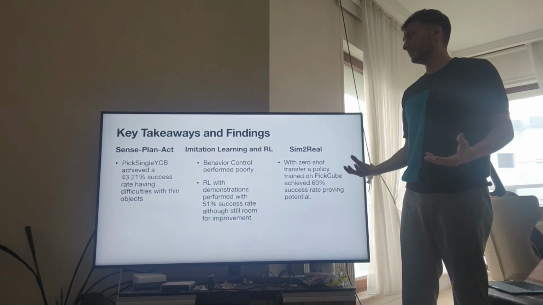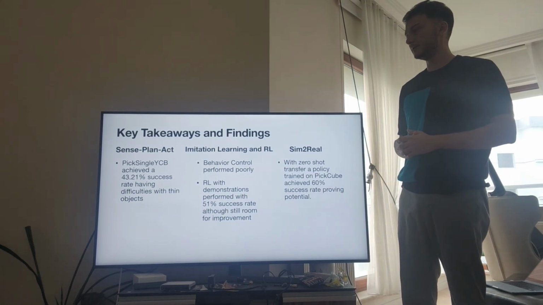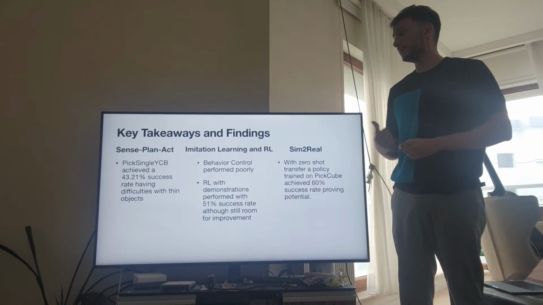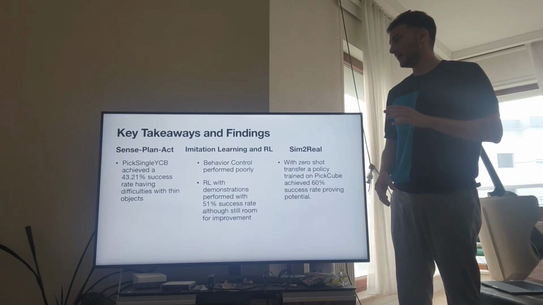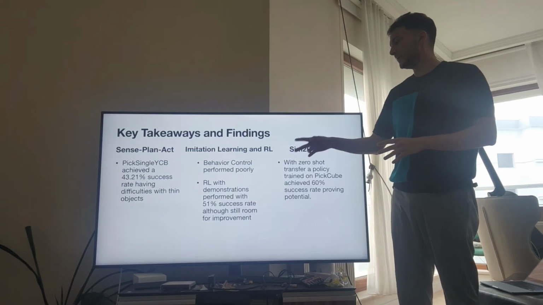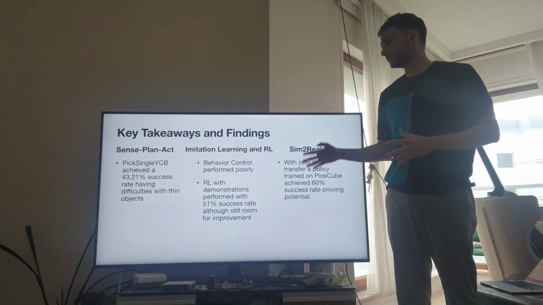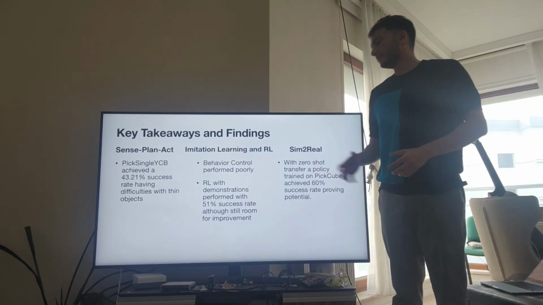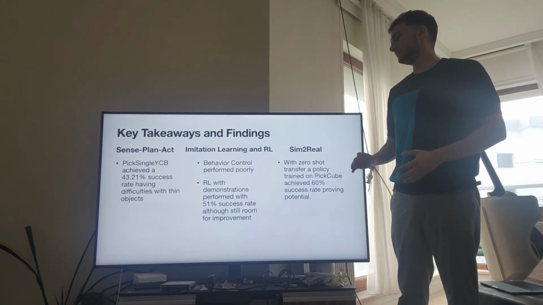So, key takeaways and findings. There are three versions that we tested in the article. Sense-Plan-Act: picking a single YCB object achieved a 43.21% success rate, having difficulties with 10 objects. In imitation learning and reinforcement learning, behavior cloning performed poorly, and RL with demonstrations performed with a 54% success rate, although there is still room for improvement.